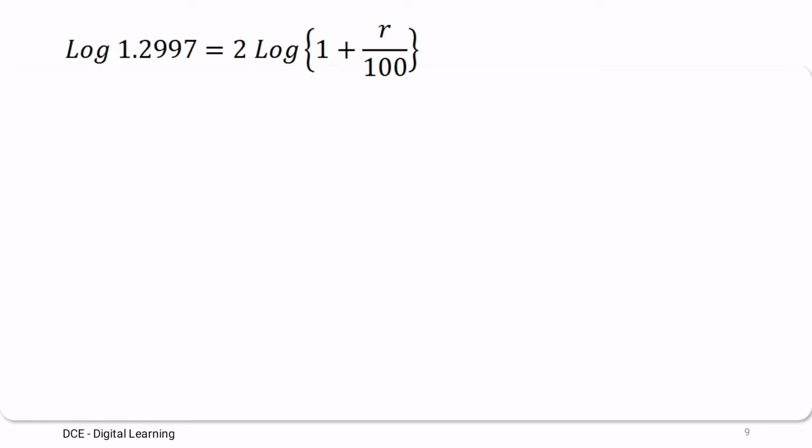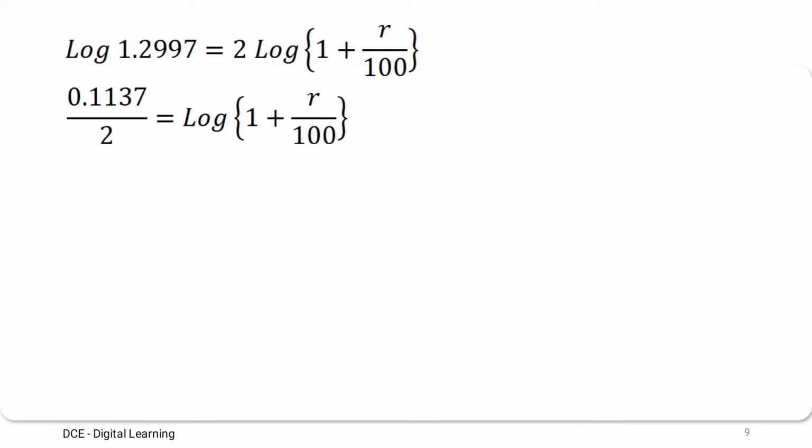Here we have applied the third law, the law of power. The law says log of m raised to n equals n into log of m. Here 1 plus R divided by 100 is the m, raised to 2 is the n. So 2 into log of 1 plus R divided by 100.